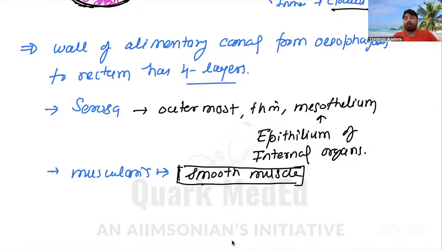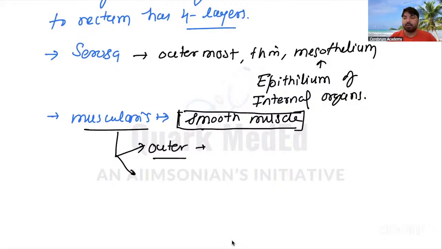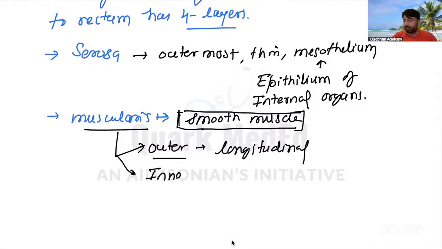So smooth muscles are involuntary, not under control of our willpower. The muscularis layer is arranged in 2 parts that we have already seen. The outer one is called what? Outer is longitudinal, and inner one is circular. Very good.